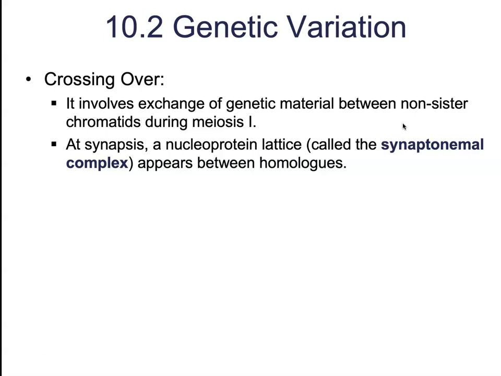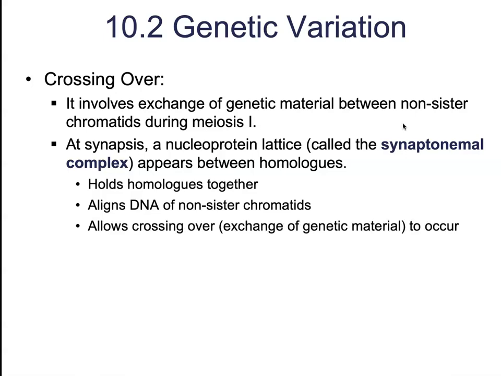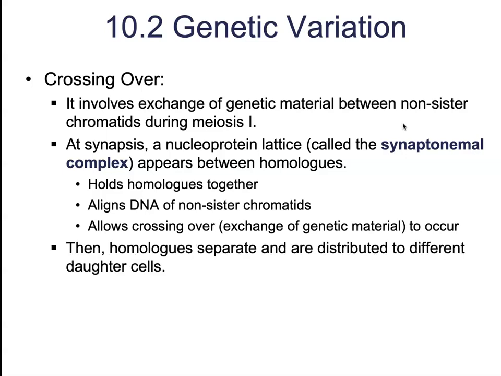At the synapse, a nucleoprotein lattice called the synaptonemal complex appears between the two homologs. So in other words, not only do they pair up, but then they start building a structure in between them. During this time, while the homologs are together, they start swapping DNA of non-sister chromatids. This allows for a crossing over event or exchange of genetic material to occur.